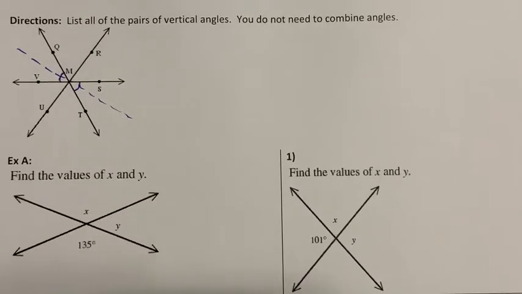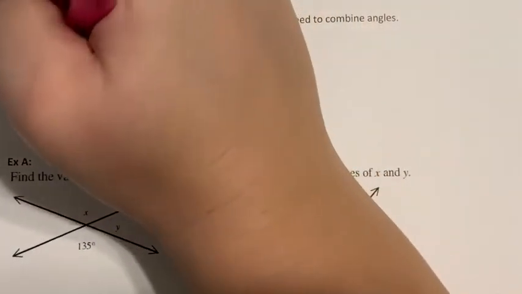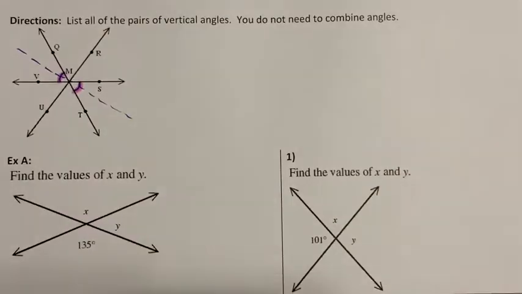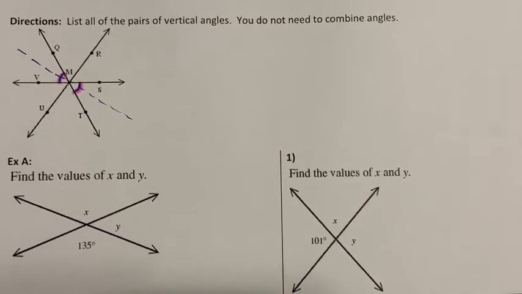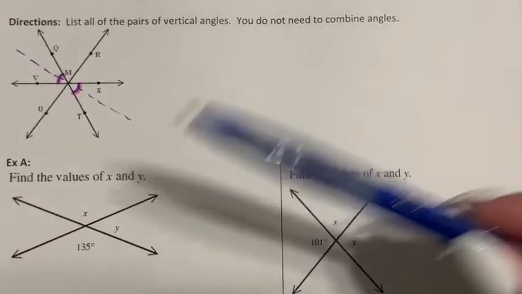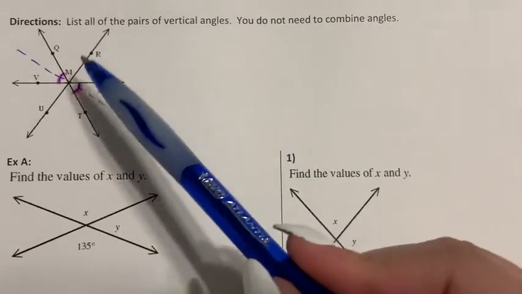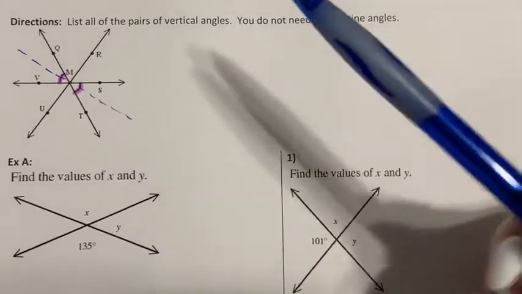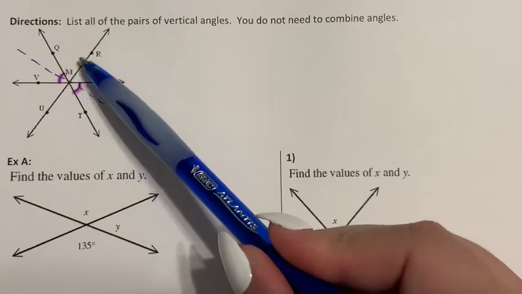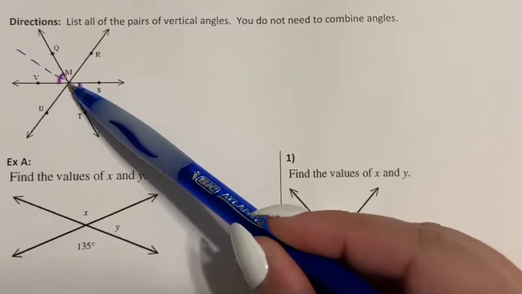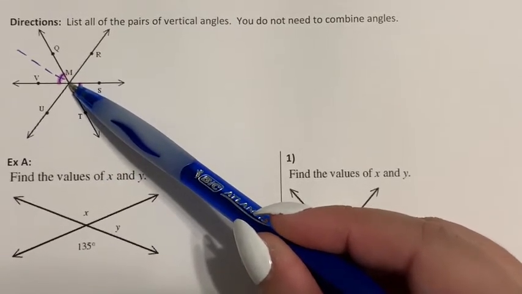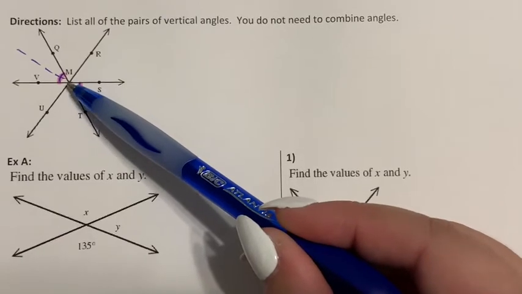So in this case, I used one tick mark and one tick mark to point out those two vertical angles, and I need to list them. So I can't just say angle M is congruent to angle M, because really every angle in this figure is angle M, because M is our vertex. So this is an instance where we need to use 3 letters.